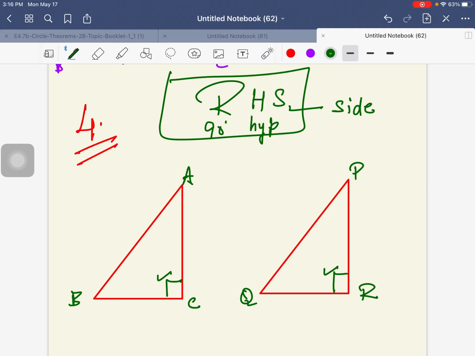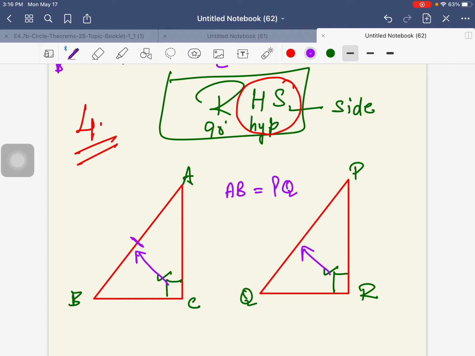We need to focus on two things only. One is hypotenuse. If they have equal hypotenuse and one of the sides equal, it's done. So we need to give two reasons only to prove them to be congruent. First of all, the longest side, hypotenuse, is always opposite to the right angle. We need to prove that AB is equal to PQ.